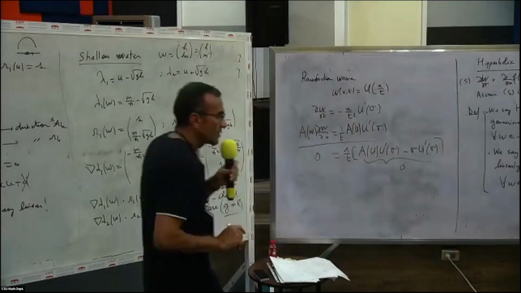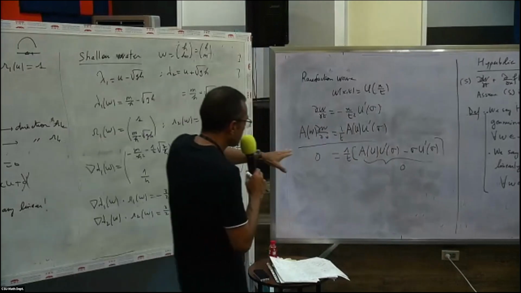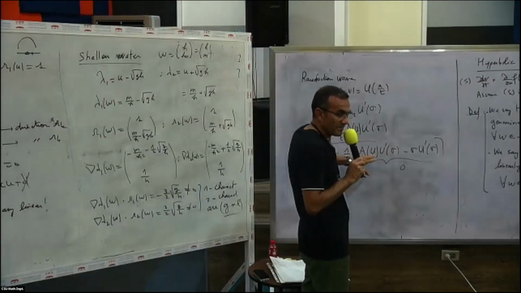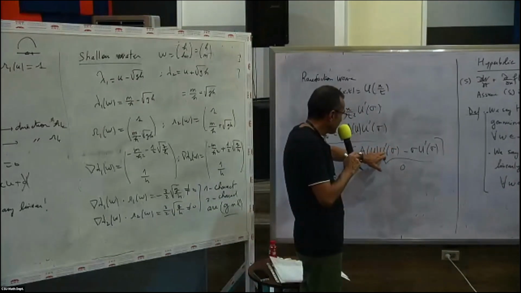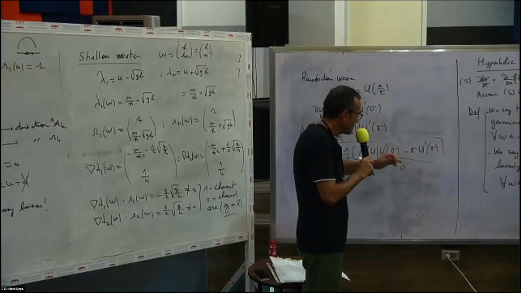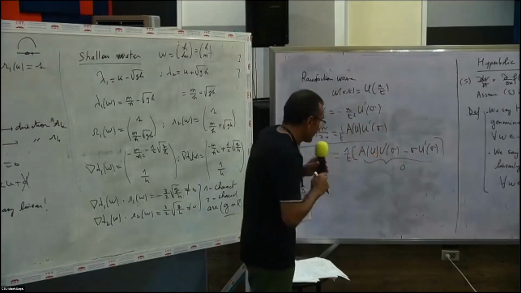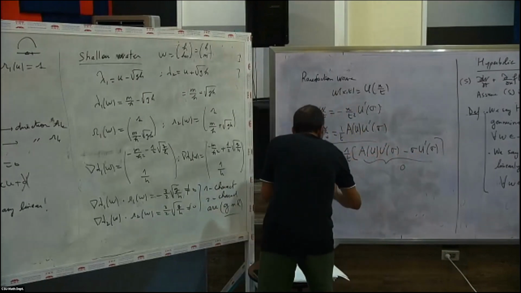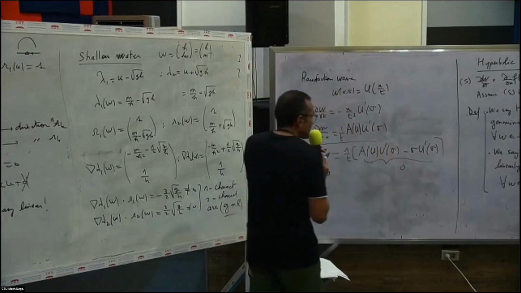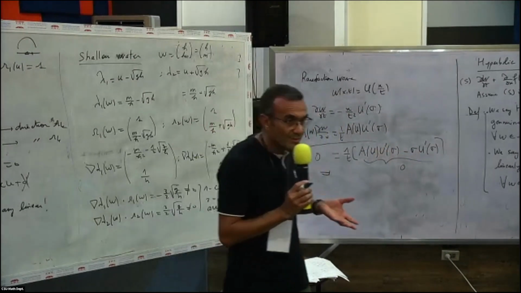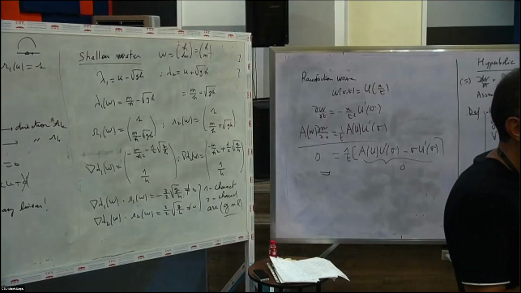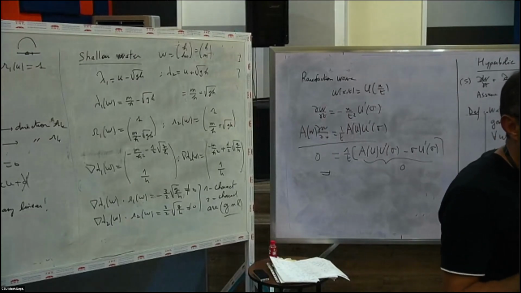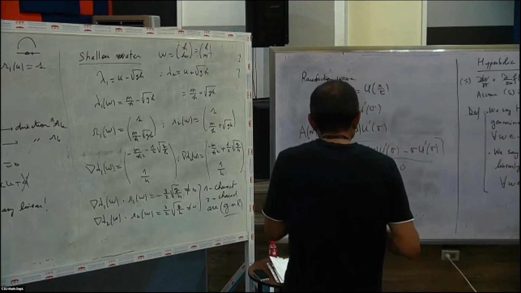But now it's more difficult because this is a matrix, and this is a vector. So the matrix multiplied by the vector equals sigma times u prime. Then it means that sigma is some eigenvalue of the matrix, and u prime is necessarily some eigenvector.